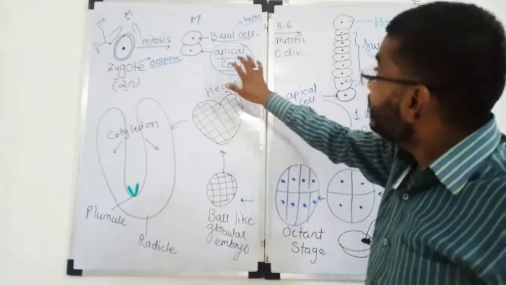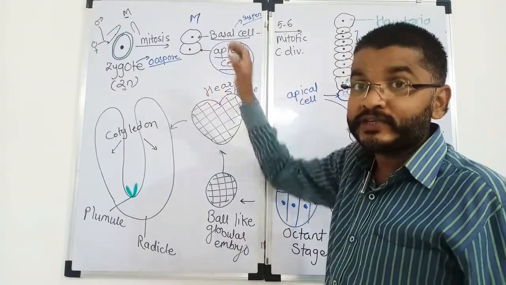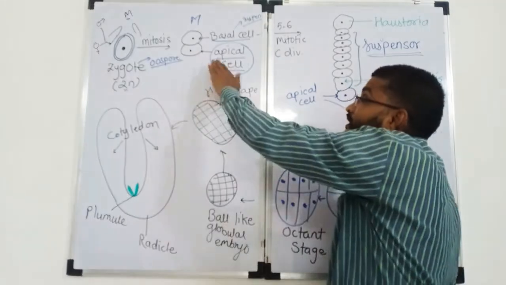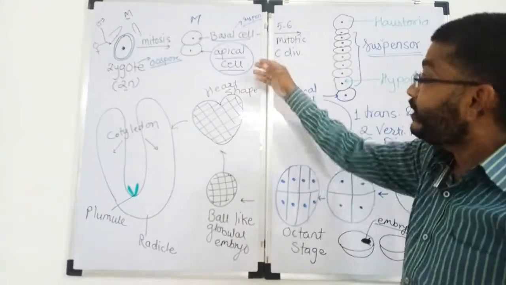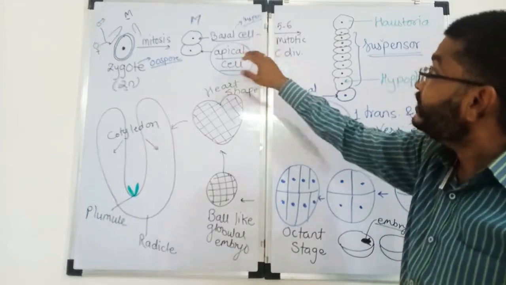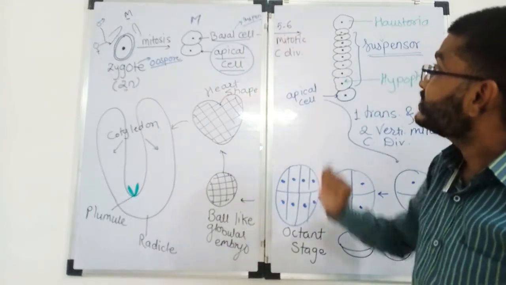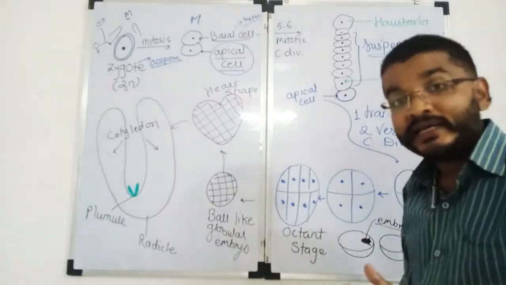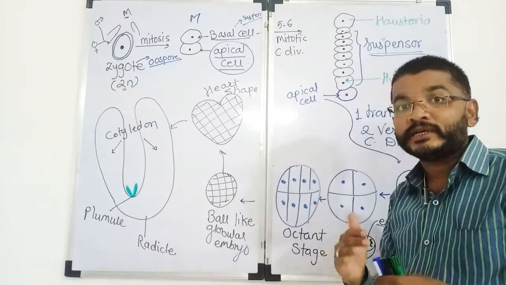Now we have to focus only on a basal cell. First we will see the changes that take place in a basal cell, and later on we shift to apical cell. So now basal cell afterwards undergoes 5 to 6 horizontal mitotic cell divisions. तो इसके आगे जो डिवीजन होने वाले वो सब कैसे होने वाले?